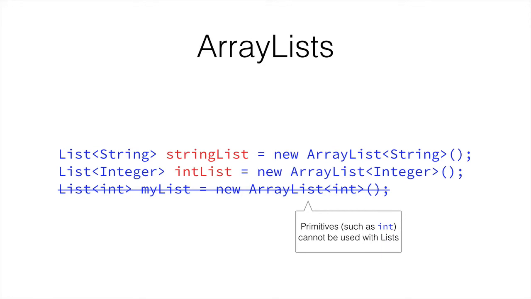Although you might originally think that ArrayList is the better choice, you might come across that actually linked list is the better choice. And you might start writing other parts of your program using linked list instead of ArrayList. If you use ArrayList in the beginning, you are stuck with ArrayList. If you use list, you can switch to other, as we call them, implementations of list. And such implementations are ArrayList and linked list, as well as others.